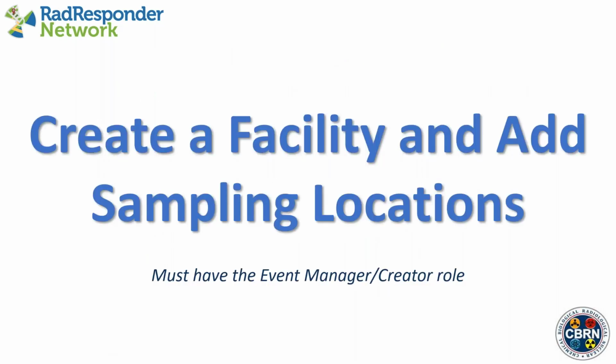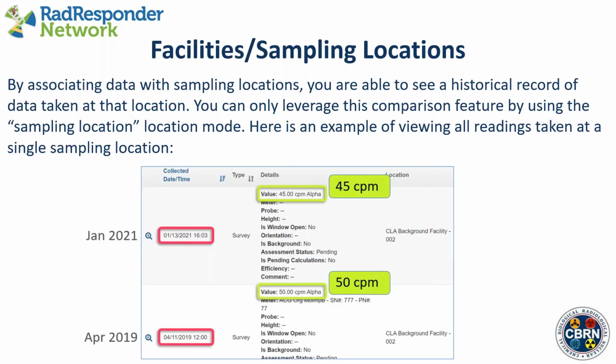Another highly recommended part of this drill is to create a facility and add sampling locations. And so you must have either the event manager or event creator role in order to leverage this functionality. Now, facilities and sampling locations are imperative to this drill for a variety of different reasons, but the main reason here is that if you associate your data with sampling locations, you are then able to see a historical record of data taken at that location.